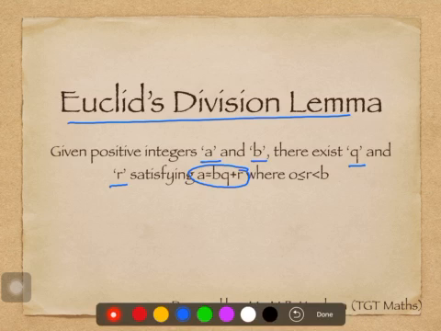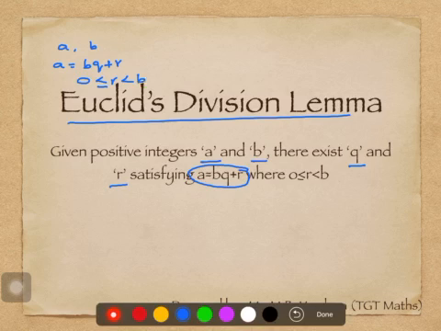Here we have two positive integers a and b, and there exist whole numbers q and r such that a equals bq plus r, with the condition 0 is less than or equal to r less than b.